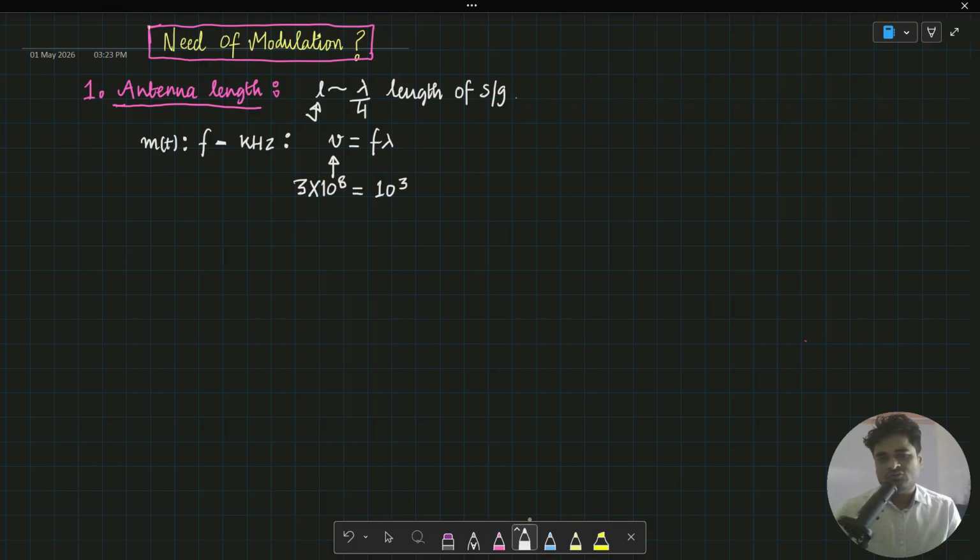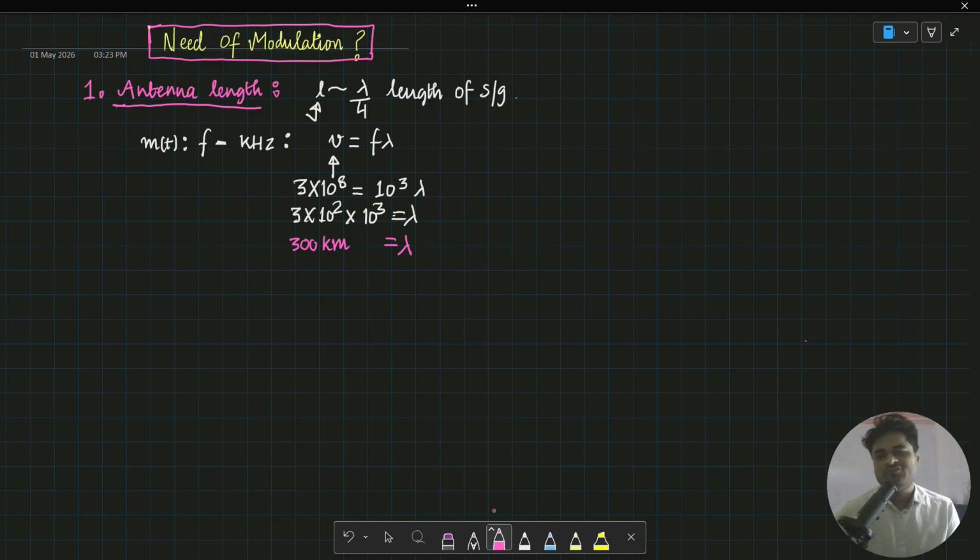So lambda will become 3 × 10^5 meters, which we can write as 3 × 10^2 kilometers. So lambda is around 300 kilometer.